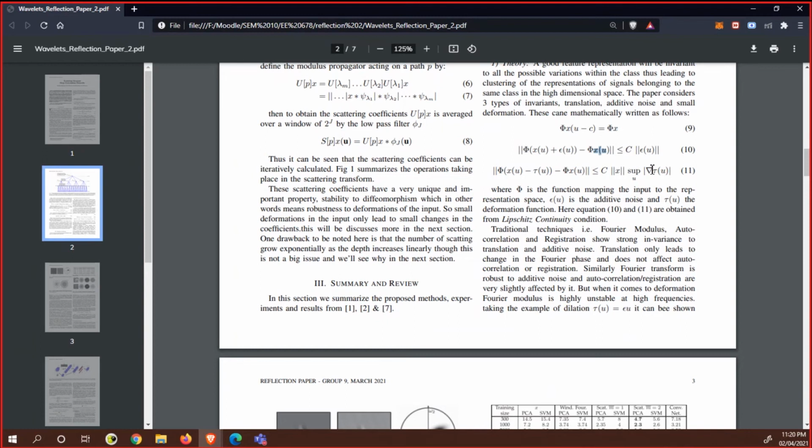Similarly, the same is followed for a deformation, where tau defines our deformation function.